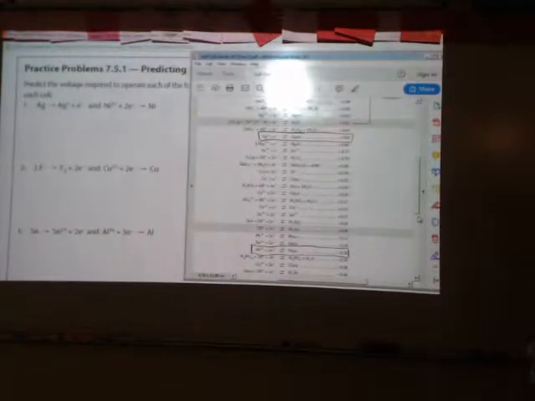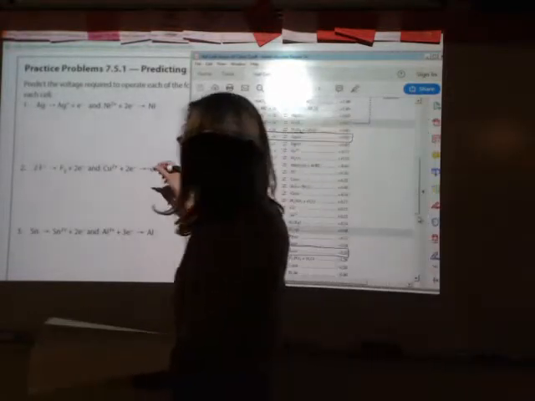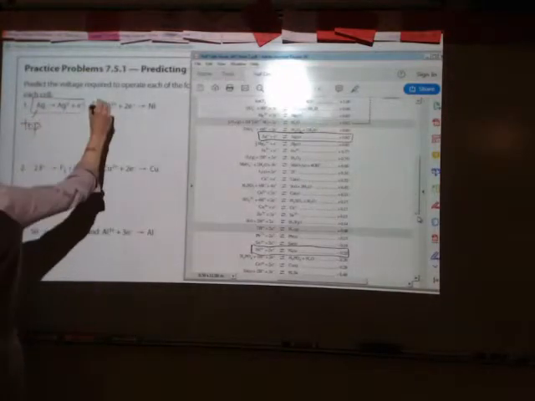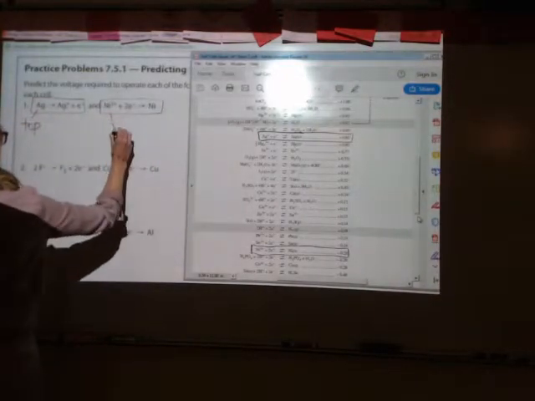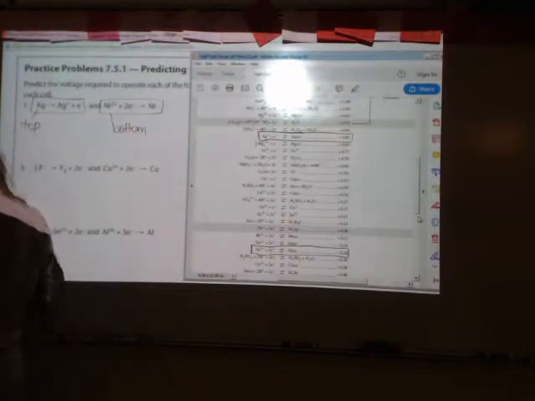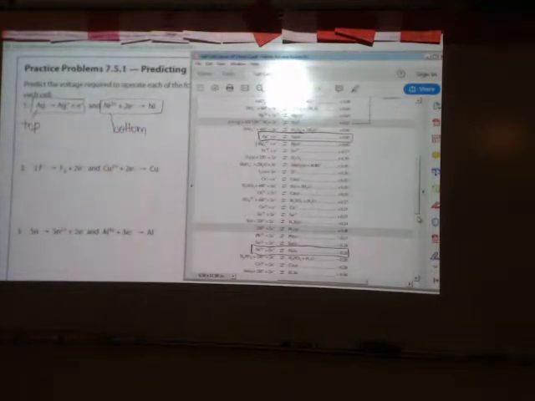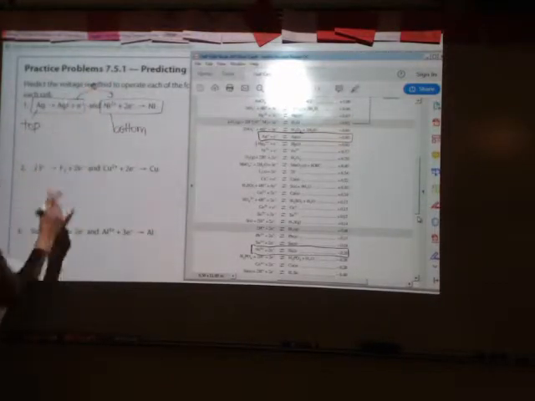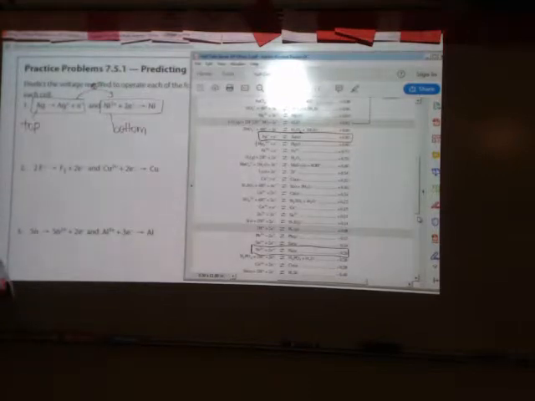So in electrolytic processes, you're going to be pushing electrons from the top down. So this half reaction here is on top, and this half reaction is on the bottom of the SRP table, okay? The half reaction that's up at the top is the one that gets reversed. So you'll notice they already did that for us. So the electrons are going to be moving in this direction, okay?